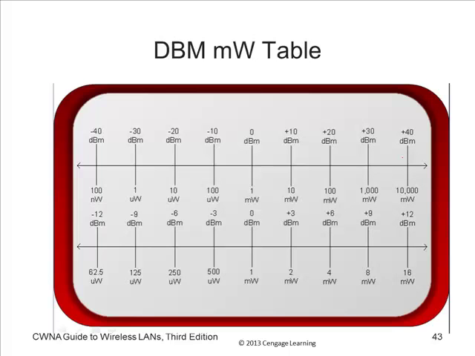When we talk about the dBs versus the gains, this one is a chart starting out with 0 dBm, 1 milliwatt, minus 10 is 100 microwatts, minus 20, 10 microwatts, minus 30, 1 microwatt, minus 40, 100 nanowatts.